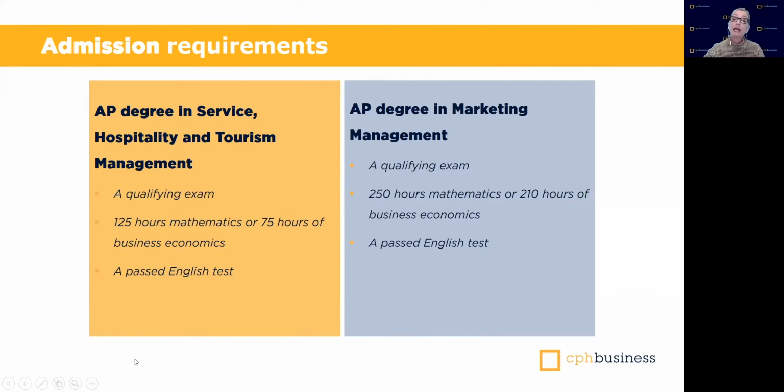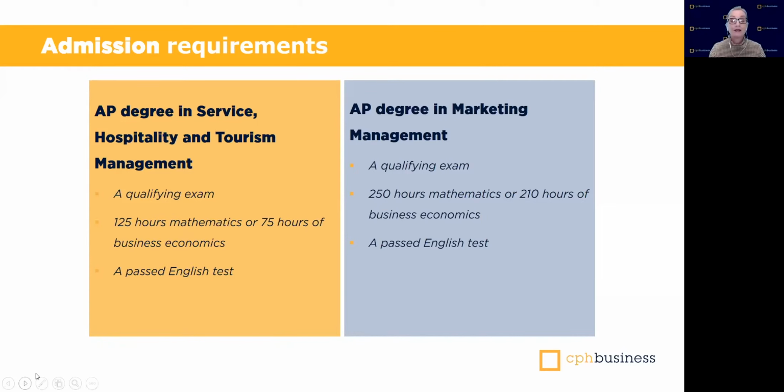If we look at the AP degree in Marketing Management, again we need a qualifying exam and then a transcript that shows that you have either 250 hours of mathematics or 210 hours of business economics. And again, we need to see a passed English test.